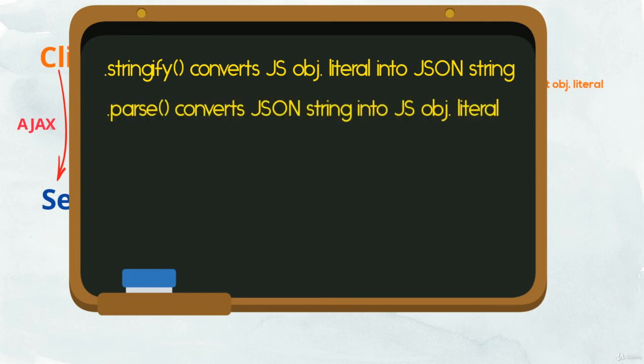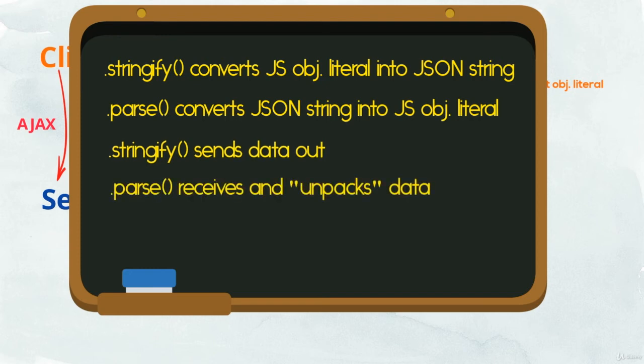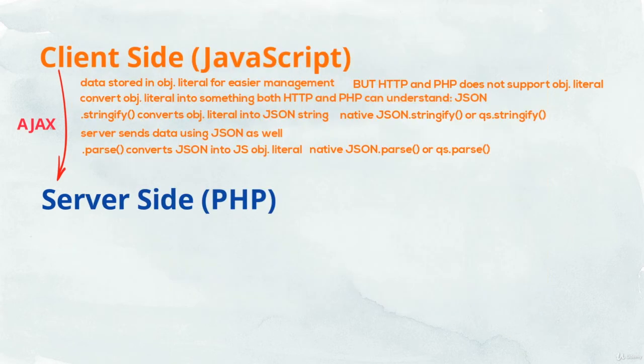Parse converts JSON string back into JS object literal. In other words, stringify is for sending data out, and parse for receiving data. Apart from parse, the native JS function eval can also convert JSON string into a JS object literal. But eval is not as safe as parse, so stick with parse and avoid eval.